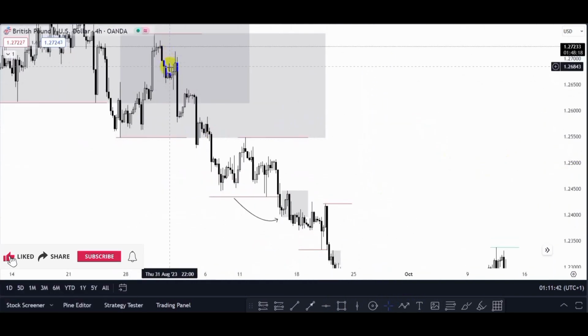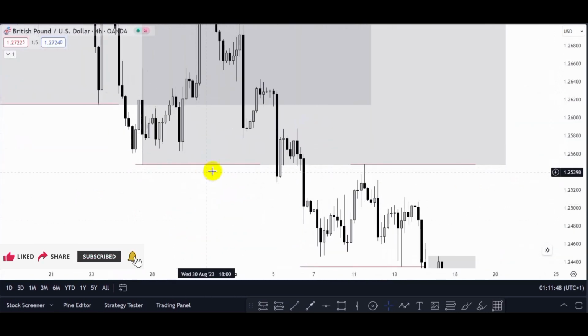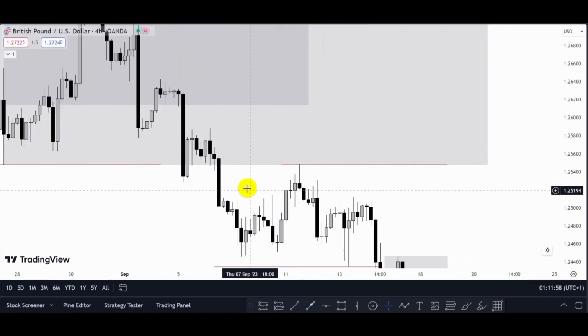And then we have price again pushed to the downside, took out the sell side liquidity and broke structure, and then we have the pullback. We're not going to regard this buying move as an IOF because this buying move is an inside move within this bearish candle here.